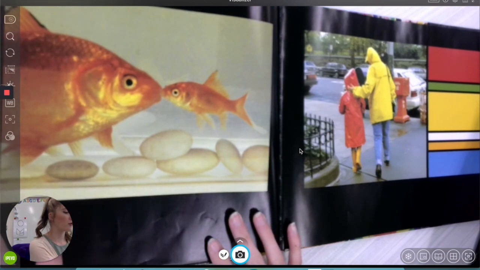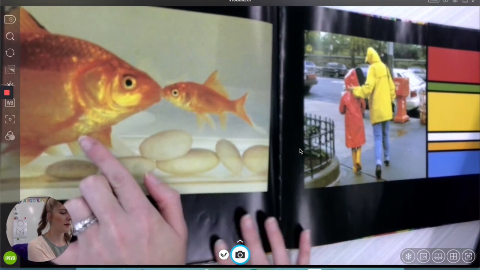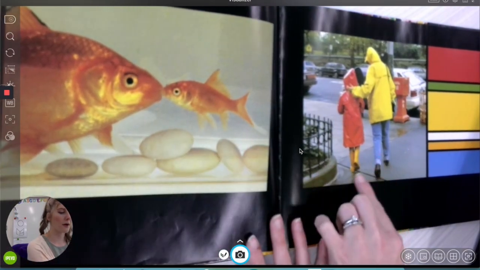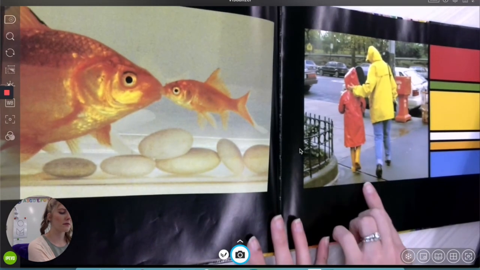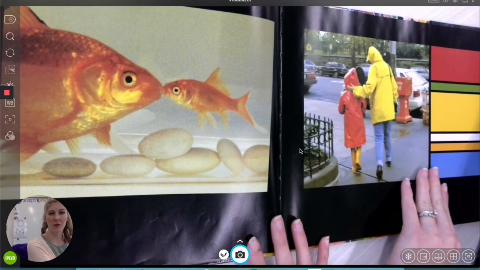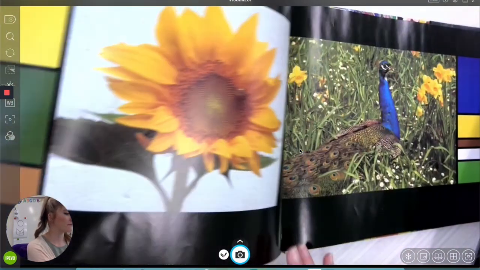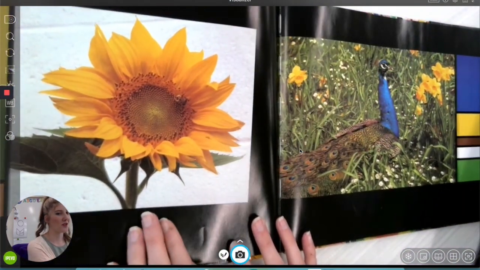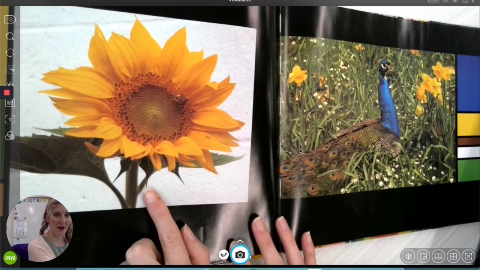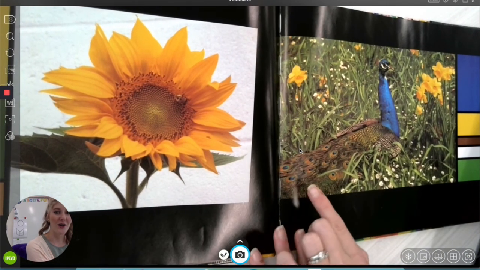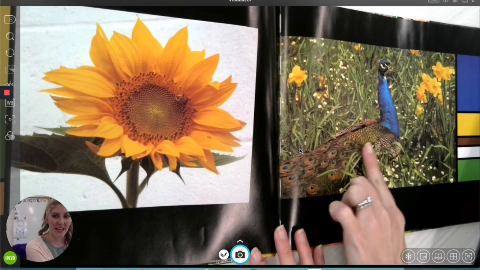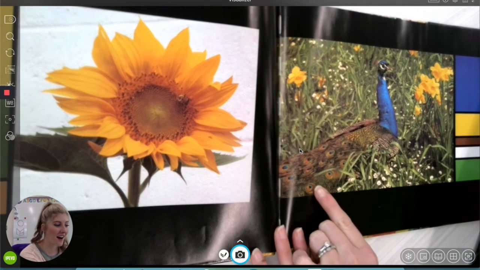Looks like we have some goldfish here. Maybe some people that are wearing raincoats. Why would you have to wear a raincoat? Oh, these are my favorite sunflowers. Do you know what this is called? It's a peacock.